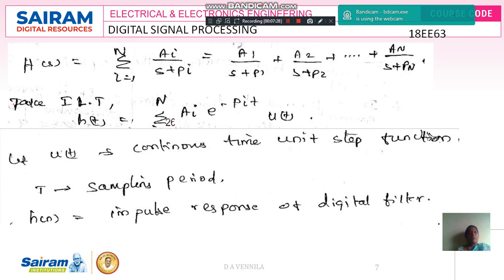Now if you apply inverse Laplace transform, you will get h of t equal to summation i equal to 1 to n of a i e power minus p i t into u of t, where u of t is the continuous unit step function, T is the sampling period, and h of n is the impulse response of the digital filter.